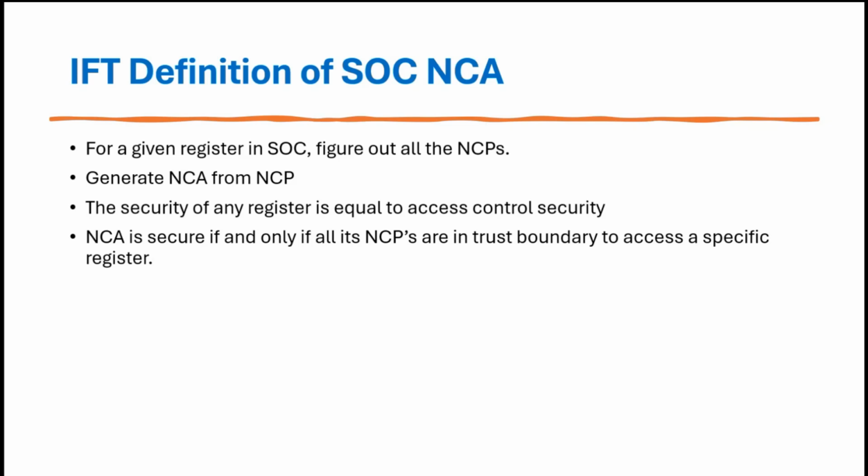And that NC is secure if and only if all the paths, like in my example, the target C is equal to A plus B, the path from A to C and the path from B to C can be established, then that trust boundary is said to be established. So using that mathematical technique, we unroll all the trust boundaries, dump properties out of it, and then we do the verification.